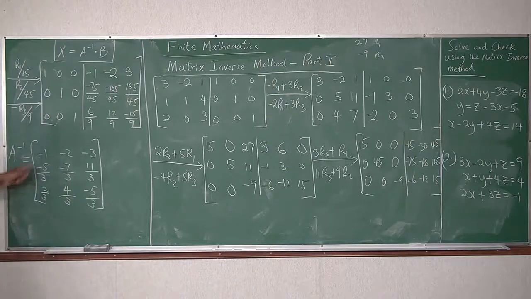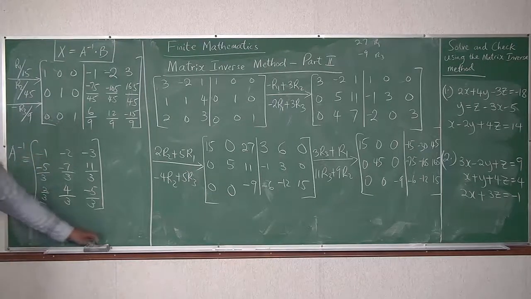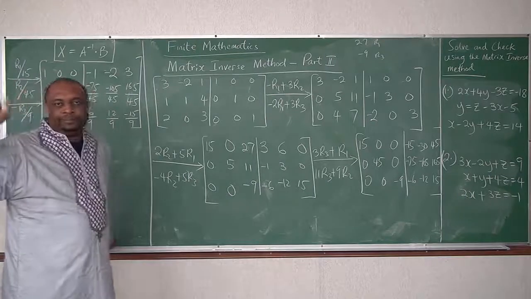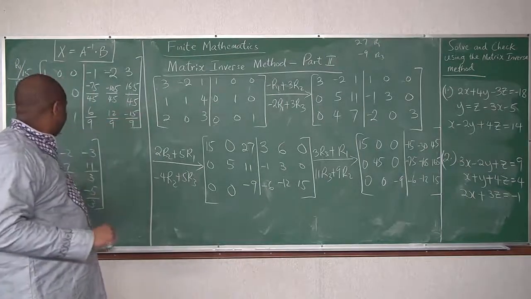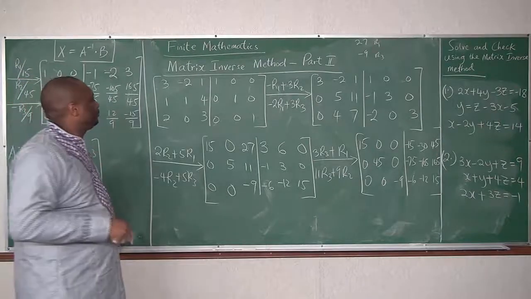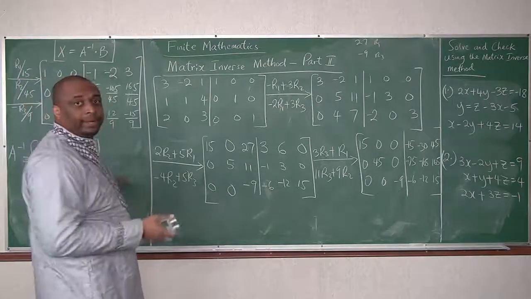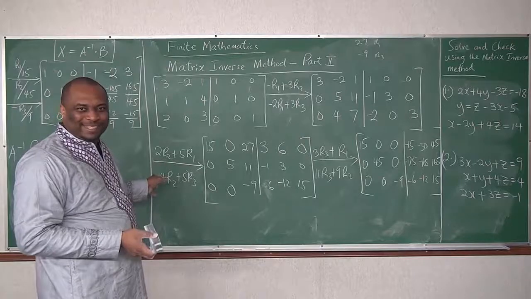Okay, the only one that is not over 3 is the first. This is not over 3, so we can't just do over 3 like that. We cannot do it like we did in the first question, because everybody is not over 3. Do you understand what I'm saying?